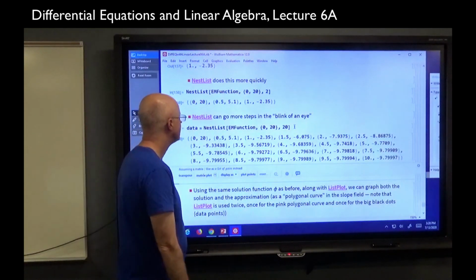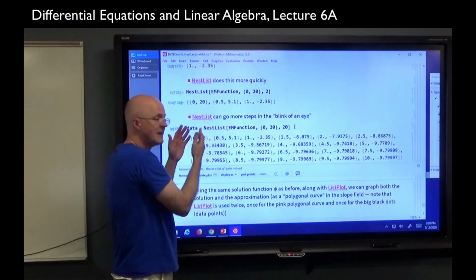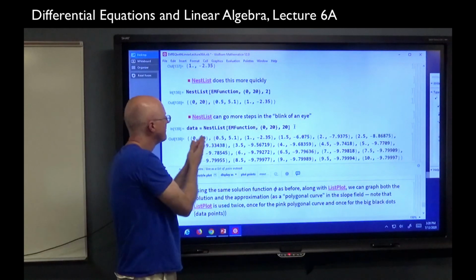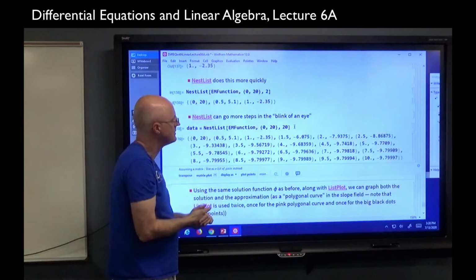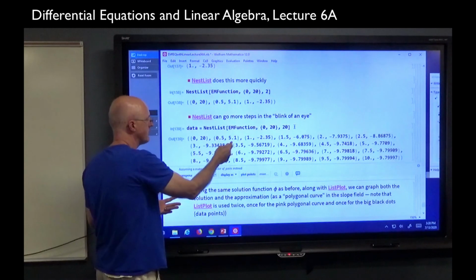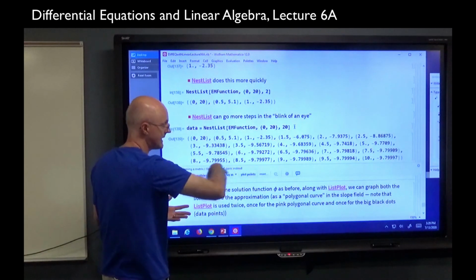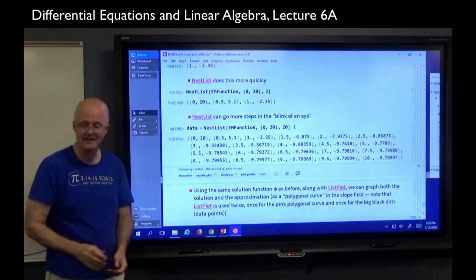Okay? These are data points. Points, effectively, that are not in parentheses but curly braces. The first coordinate or component is 0, then 0.5, then 1, then 1.5, then 2. The second coordinates are the v values, 20, 5.1, negative 2.35, negative 6.075, etc. And notice these numbers, the second coordinates, are approaching negative 9.8, the terminal velocity.